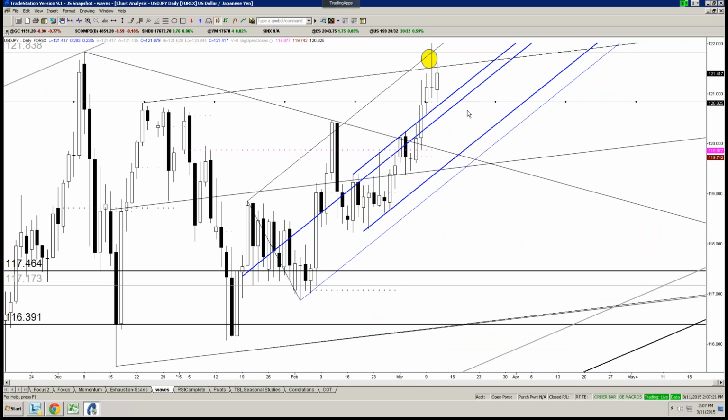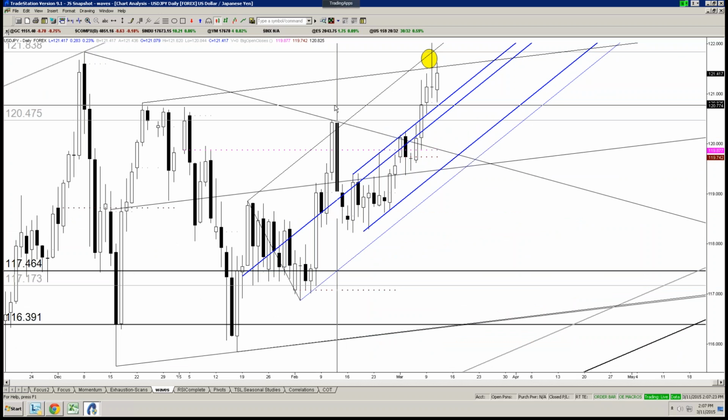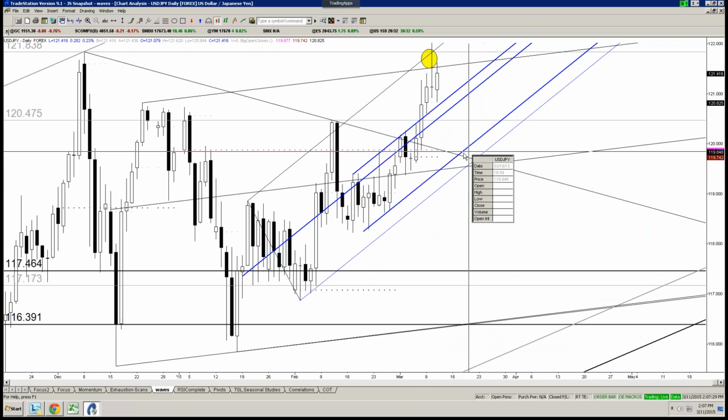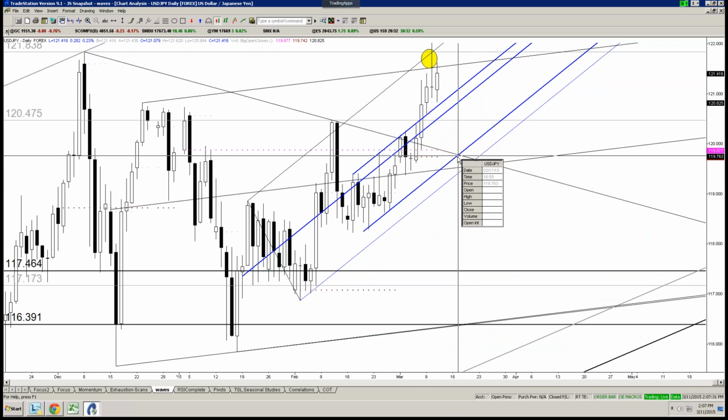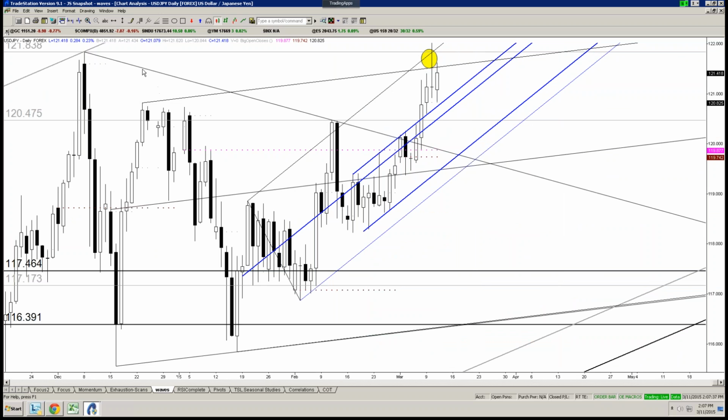When I look at the short-term structure of dollar yen, I feel like it wants to drop and come back into 119.80, maybe even the year open, 119.90, and this support down here, which would also be a retest of this line, from the December high and the February high, crossing through some highs in early March.